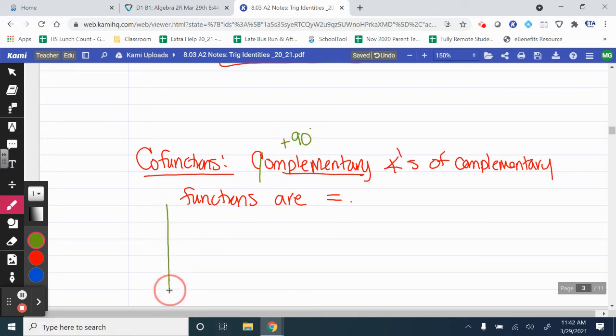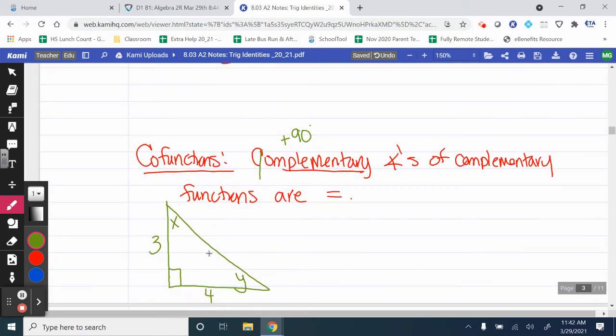I'm going to draw a picture of a right triangle. And I'm going to call this X and this Y. And here's your right angle right here. And this is going to be a 3, 4, 5 triangle, just so that you can understand what's going on here. So first of all, I want to look inside at your angles. So we know that in a triangle, these 3 angles have to add to 180 degrees. We know one of the angles is already 90.